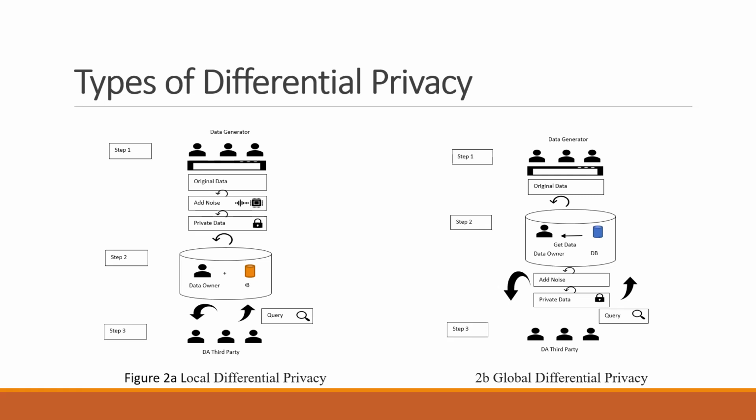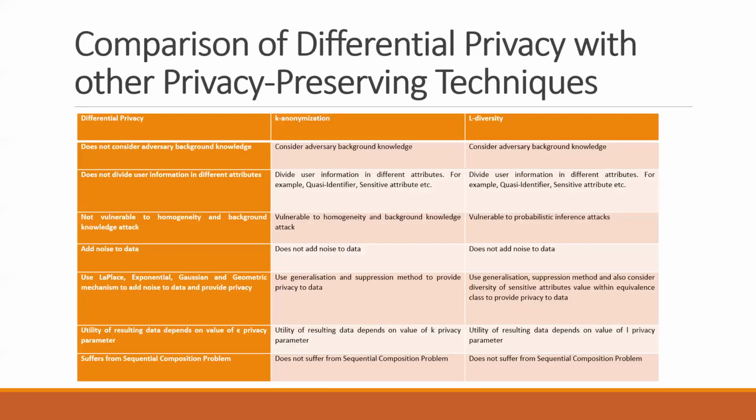Whereas in global differential privacy, all the individuals submit their original data to the data owner, and the data owner adds the noise only once, after which the third party can query the data. So the difference is that in global differential privacy the noise is added only once, and in local differential privacy every individual adds noise, because the individual does not trust the data creator.